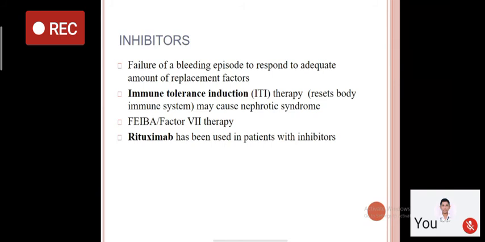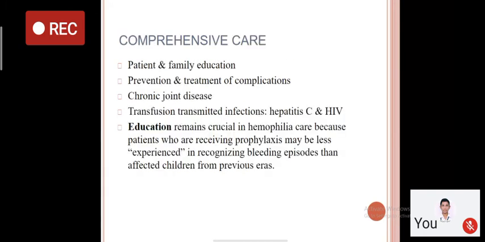The management is either the immune tolerance induction therapy, as we have applied in other immunological disorders, or these patients might respond to higher doses of factor 8 concentrate, or alternative agents like factor 7 therapy, or factor 8 inhibitor bypassing agents like FEIBA. These are commercially available products used for these patients, and this can be helpful. And rituximab is also tried in some of the patients who have hemophilia with inhibitors.